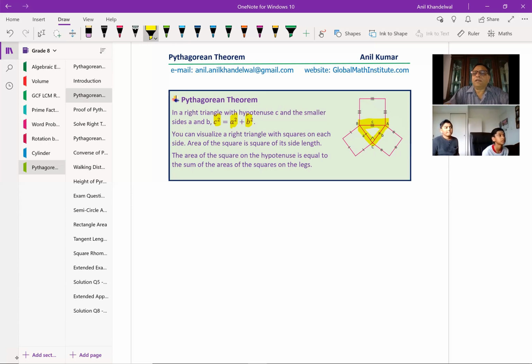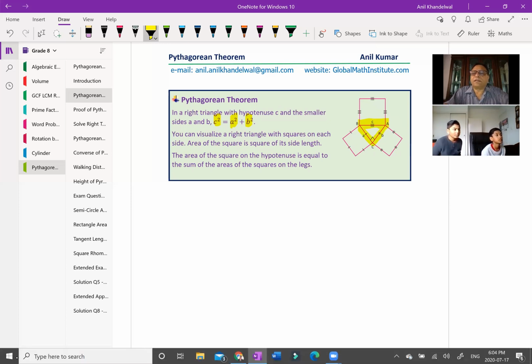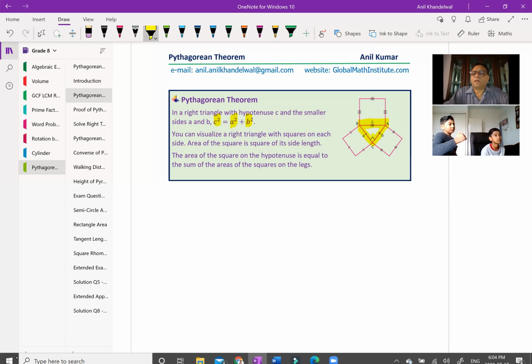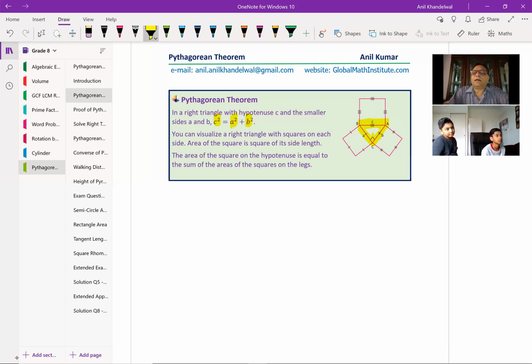Where is the right angle? Can you tell me? C is the right angle, right? That is the 90 degrees. And in triangles, we write side length as lowercase c, which is opposite to C. Opposite to A is a. Do you see how we write the length? And opposite to B, we have written b. Correct?